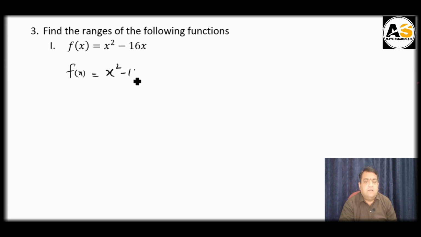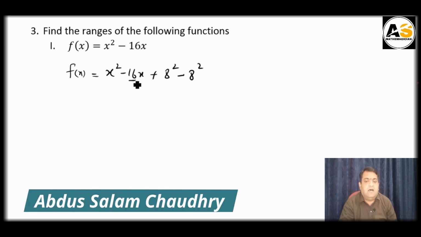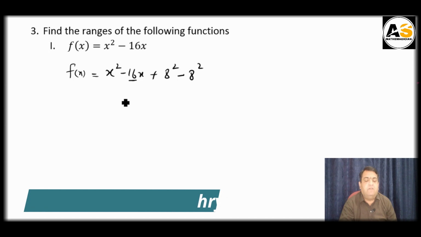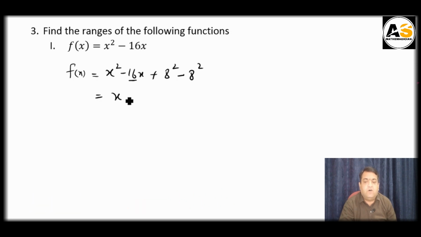x square minus 16x plus 8 square minus 8 square. 8 is half of the coefficient of x. Its square will be added and subtracted. The first 3 terms will complete the square, and next is 64.